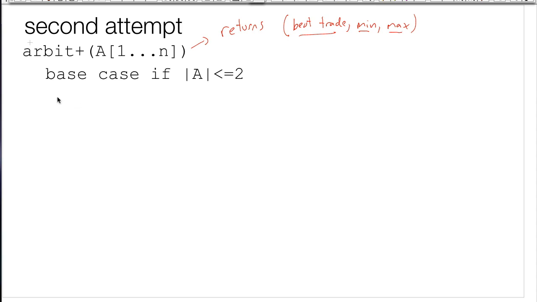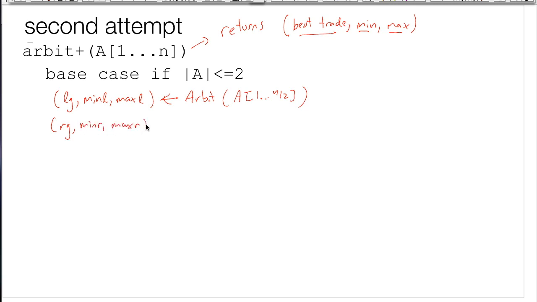Just like before, we can now have the left trade, comma, min L, max L, and we can call that on our function on half the array. Similarly, on the right side, we'll get a min R, a max R, and we will compute our function on the right half.